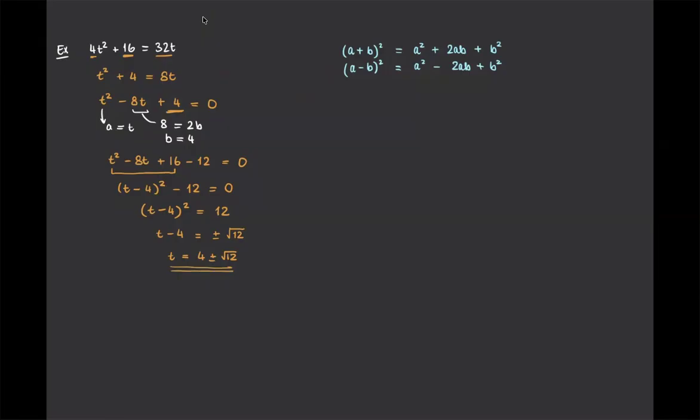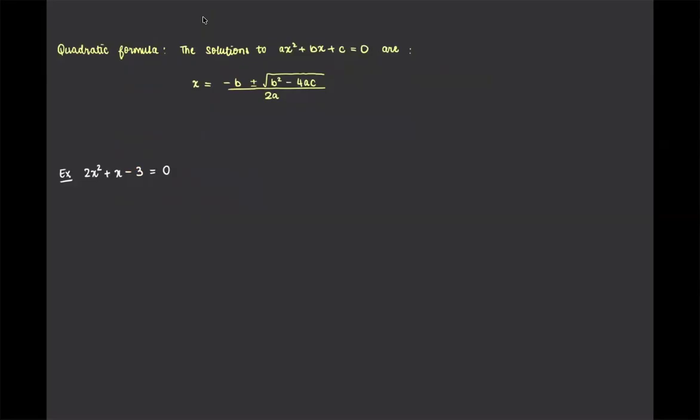All right, and the last way to solve quadratic equations is to use the quadratic formula. And the formula reads as follows. So let's try and use this formula to solve the equation 2x squared plus x minus 3 equals 0. Okay, similar to completing the square, I need to match this quadratic up with the general form.